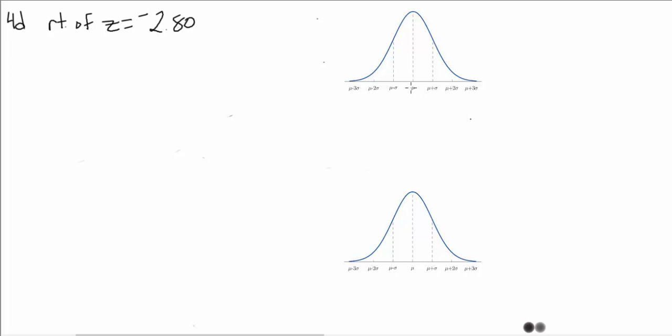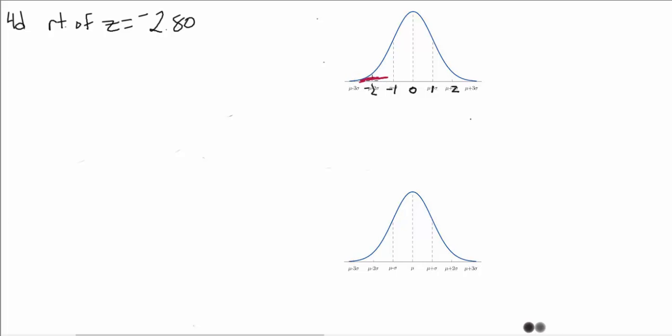Again, I have a very beautiful normal distribution here that I'm just going to label with my standard deviations to make it my standard normal. 0 in the middle, and then 1, 2, negative 1, negative 2. So we're looking for z of negative 2.80. Negative 2.8 is probably somewhere in this area down here.